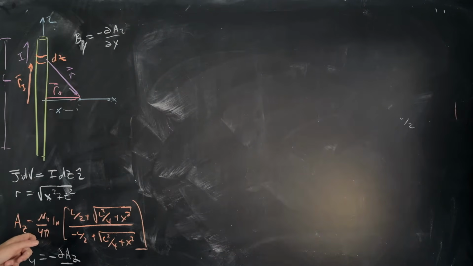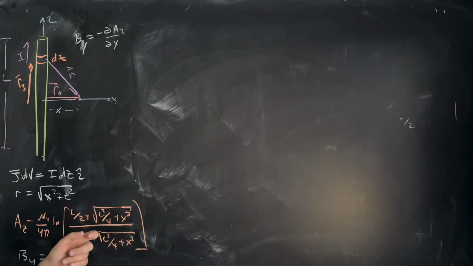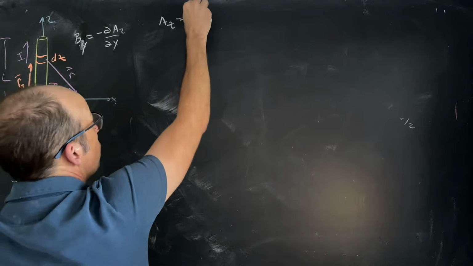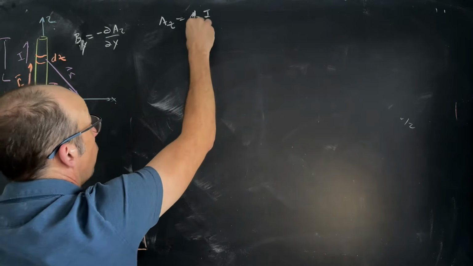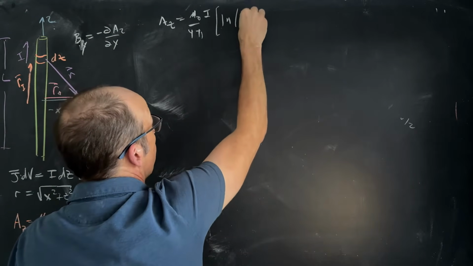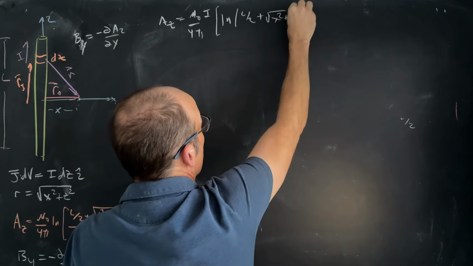Okay, so let's take that. I'm going to write this as the sum of two terms, just to make it a little bit easier. So Az is mu naught I over 4 pi, and then I have natural log of L over 2 plus the square root of x squared plus L squared over 4.